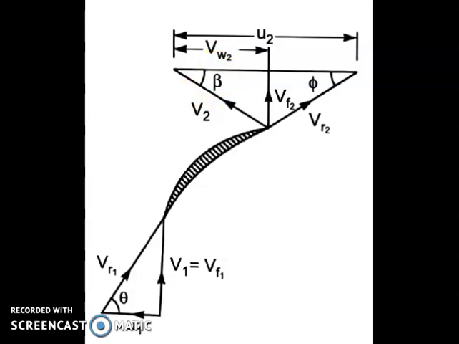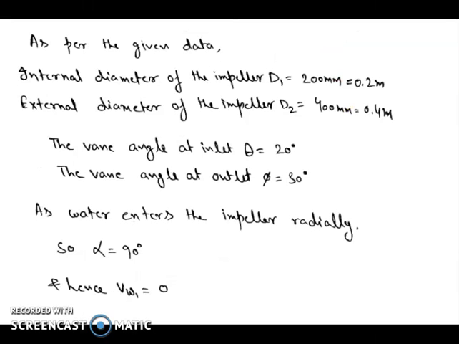Now it is given in the numerical that the vane angles of the impeller at inlet and outlet are 20° and 30° respectively. So the value of theta is given as 20° and the value of phi is given as 30°. Now as per the given data, internal diameter of the impeller D1 is equal to 200 mm, which is equal to 0.2 meter, and external diameter of the impeller D2 is equal to 400 mm, which is equal to 0.4 meter.